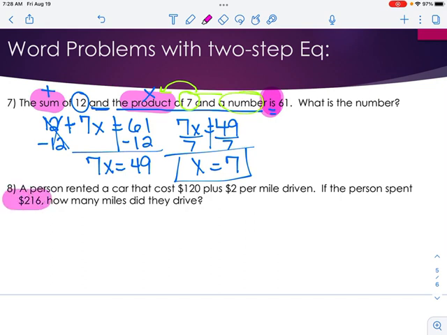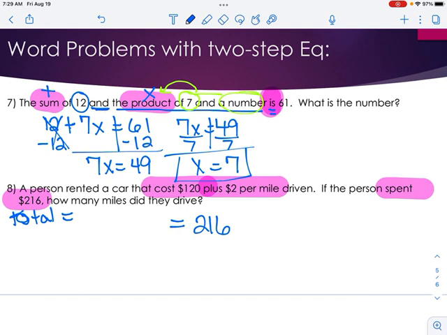So the first thing I notice is they spent $216. The cost was $120 plus $2 per mile. So the $216, really, if you think about it, that's going to be my total. Okay, so that's my equal to part. So I'm going to go ahead and write that down.